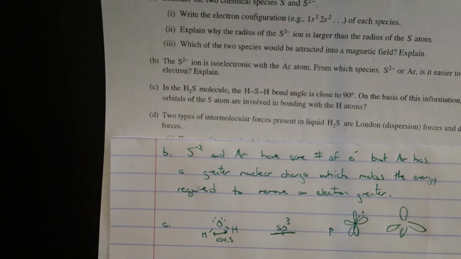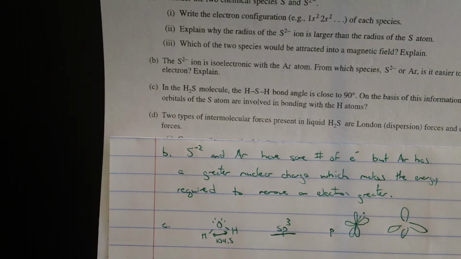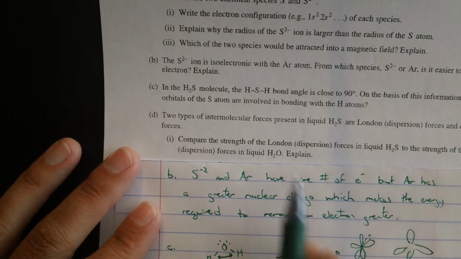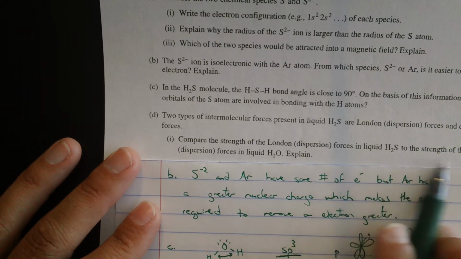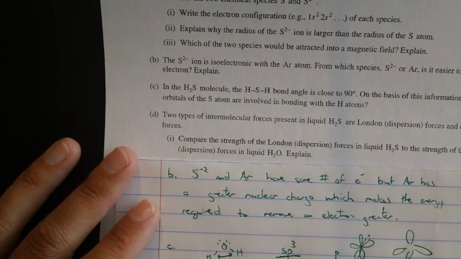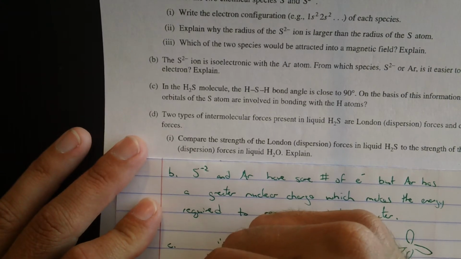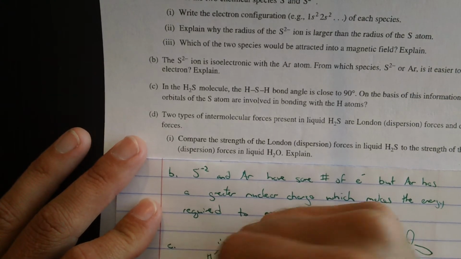Part D. 2 types of intermolecular forces present in liquid H2S are London dispersion and dipole forces. Compare the strength of London dispersion forces in H2S to the strength of dispersion forces in water. Dispersion forces are all based on the number of electrons.